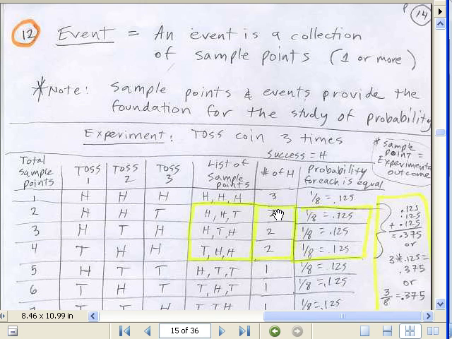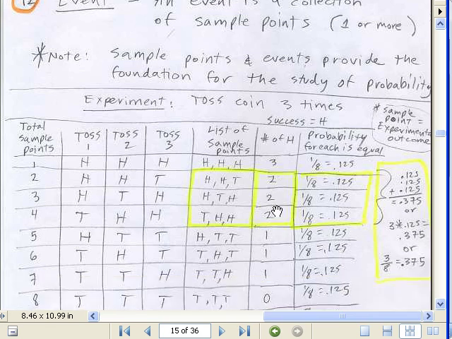But no way. Look, when we list all of the sample points in our sample space, we see that there are 3 times in the sample space that this occurs. So if you're trying to calculate the probability of getting 2 heads in 3 tosses, you really do have to know that there are 3 of them here.